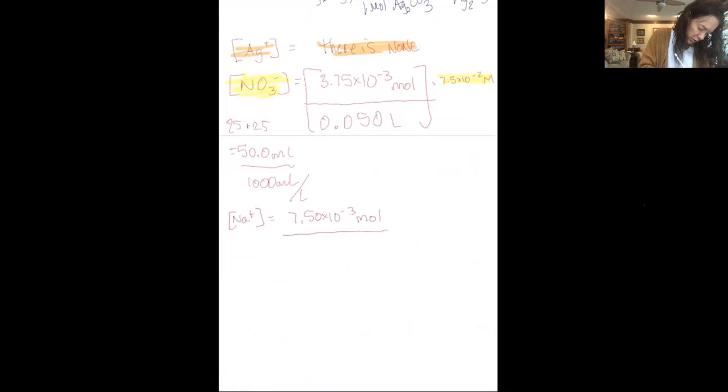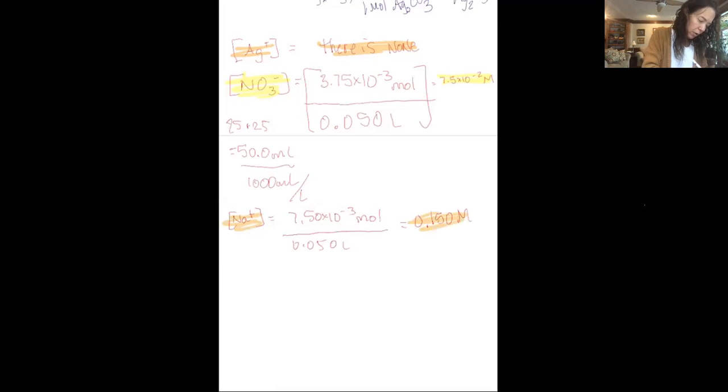The volume here is the same, right? Once you get it once, you got it. Divide that: 7.5 E negative 3 divided by 0.05 equals 0.150 molar. All right, got that. That's the answer to that.